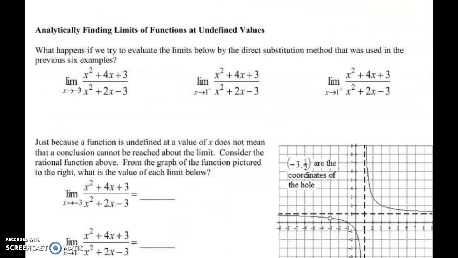All right. But here's the thing, not everything is that simple. Because if I were to try to plug in -3 in for all of these x's, again, -3 squared is 9, minus 12 plus 3, you get 0 on top.